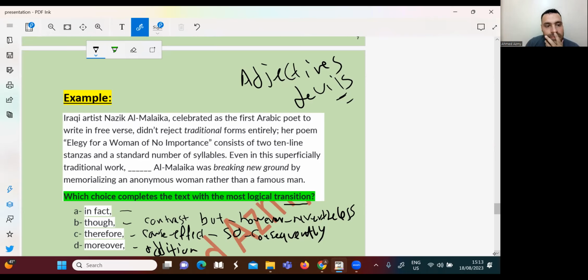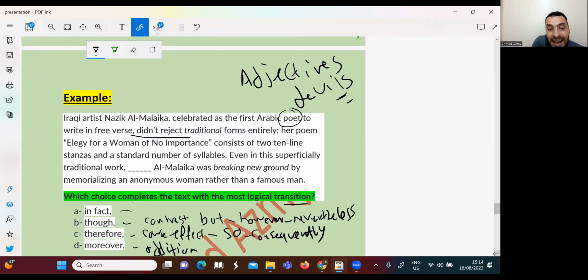Iraqi artist Nazik al-Malaika, celebrated as the first Arabic poet to write in free verse, didn't reject traditional forms entirely. Her poem. Okay, it says didn't reject traditional forms entirely. So did he use traditional forms or did he reject them all? Rejected them all? It says didn't, Safe. Didn't reject.